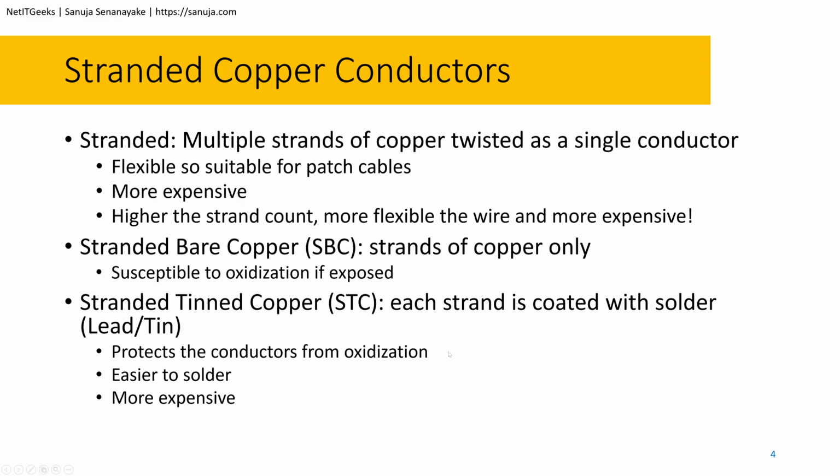But for typical usage, we use bare copper, SBCs, the standard bare coppers, or BCs, the bare copper wires. What you should really care about is whether the wire is stranded or solid, not so much whether the wire is bare copper or tin copper, because we will most likely be using bare copper.